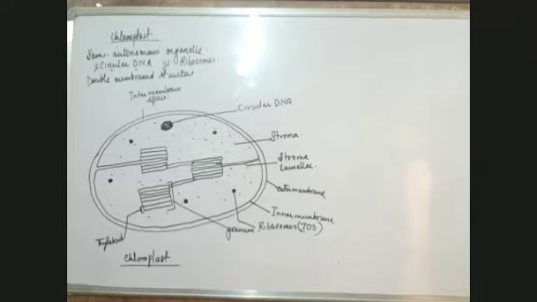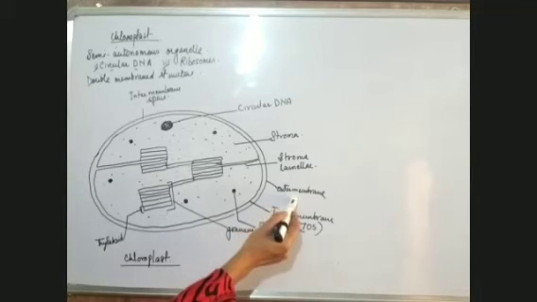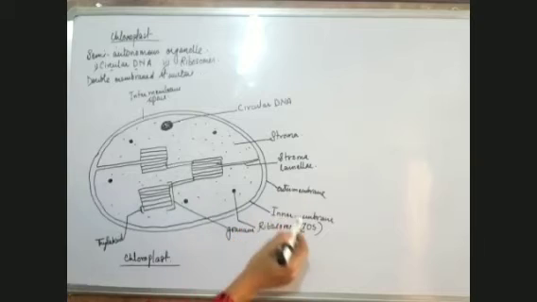Anything you want to ask me in this diagram? We have already done it once. I have done it again for you. Now, one thing more which I want to tell you: in the outer membrane, the proteins are less and this is permeable.